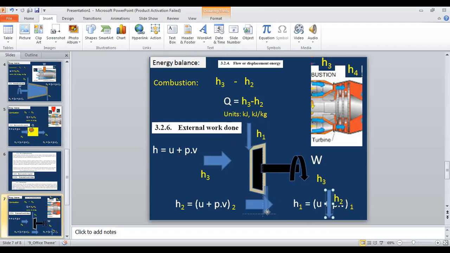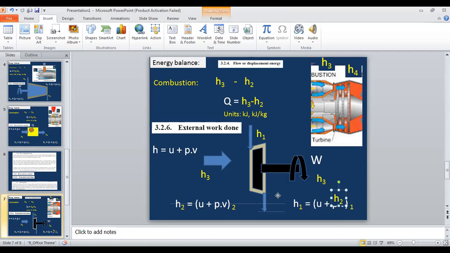H2 is here. Put this way. That is a kind of standard. So we call this construction a physical model of this process, the turbine process. The expansion takes place. This is the physical model.